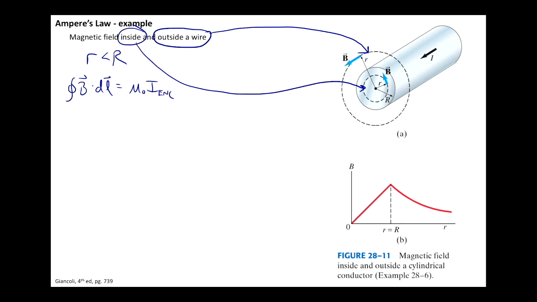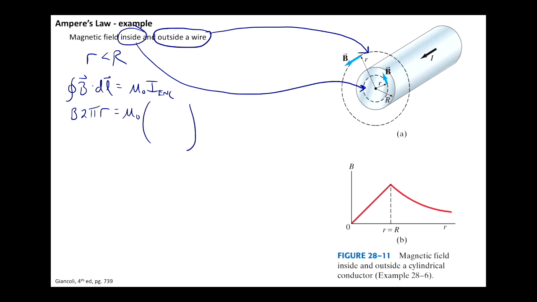As you might guess, the left-hand side is going to do the exact same thing as before. B is constant at that distance, little r, because it's the exact same distance from the center of the wire the whole time. The integral of dl is just going to be the circumference of the path itself. So the left-hand side of this gives me B times 2 pi little r. On the other side, we're actually not going to have to work too hard because I could think of I enclosed as just being a fraction of the current, which could be expressed as a fraction of the cross-sectional area that's there.